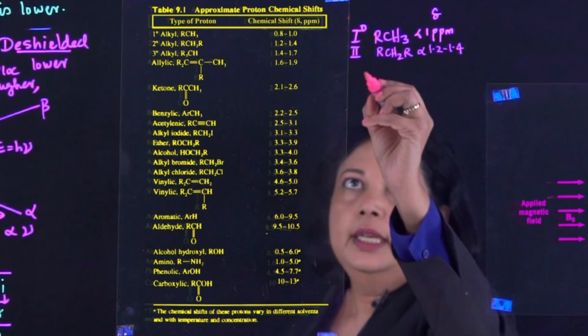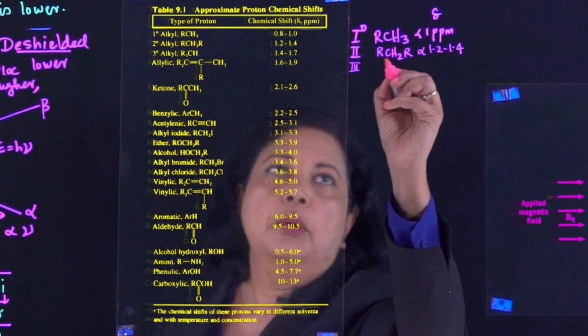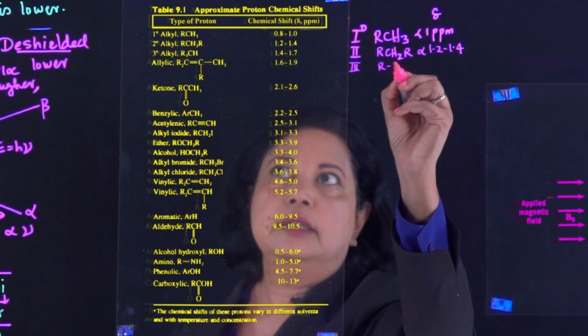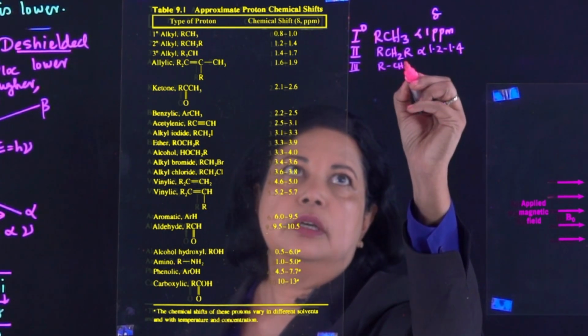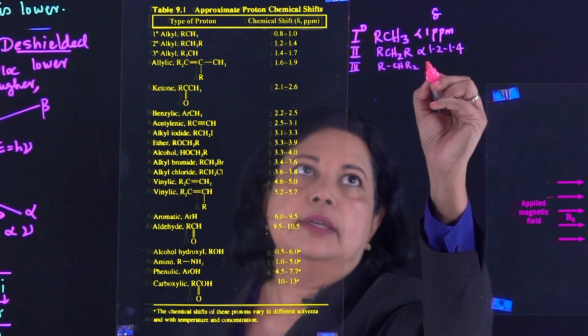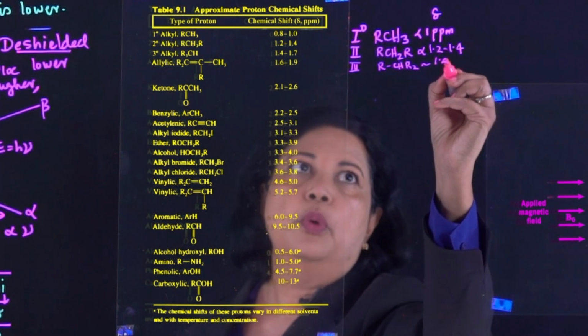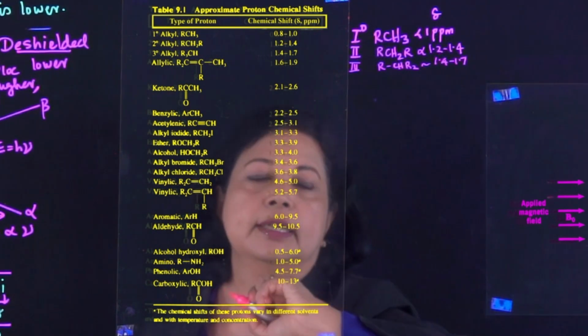Now, tertiary is a little bit more de-shielded, RCHR2. That's going to be about 1.4 to 1.7.